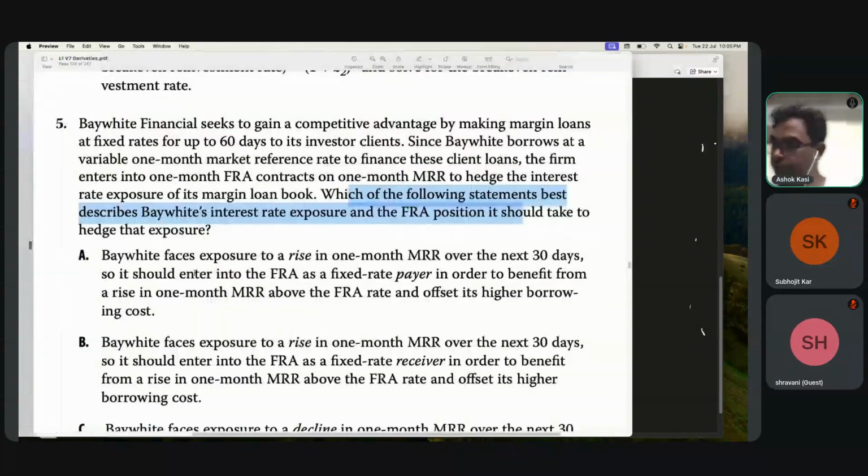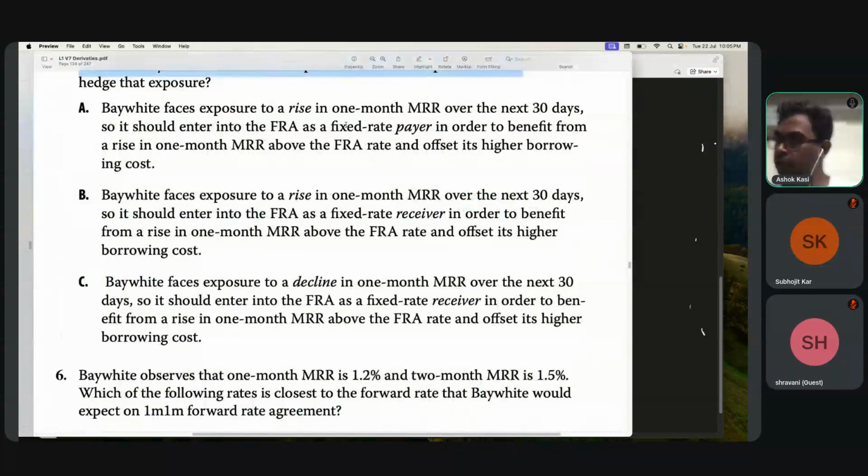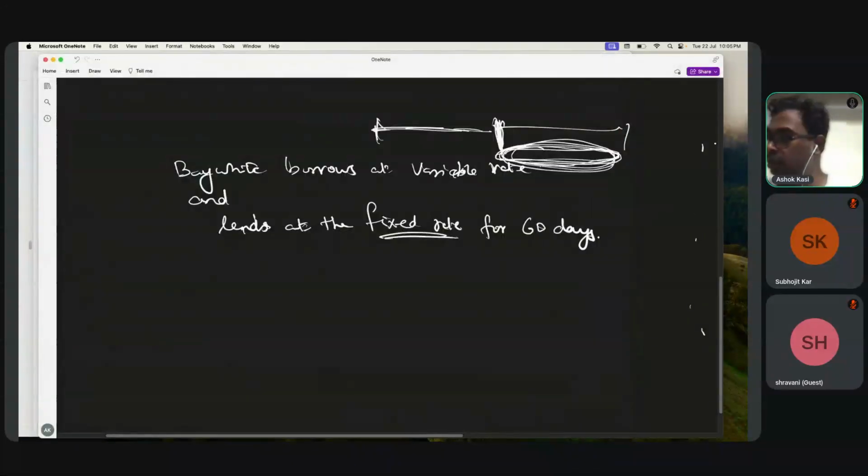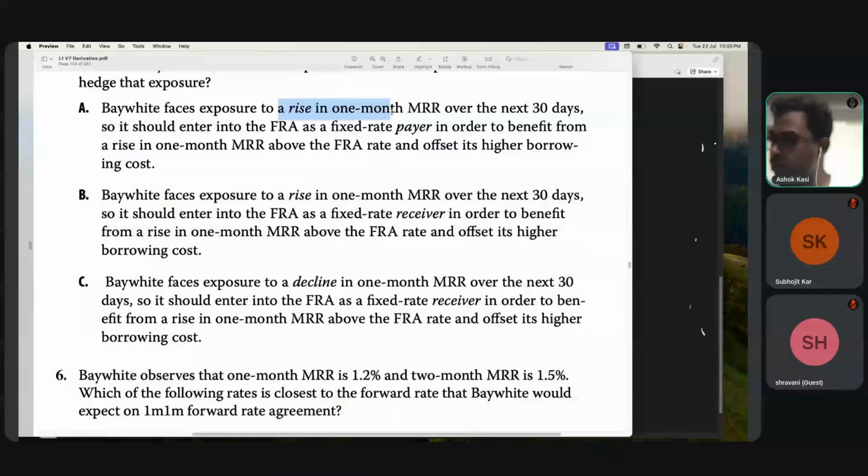Okay, now let's see. Baywhite faces exposure to a rise in 1 month MRR. Correct? That risk is there, right? If the interest rate goes up, you will borrow at the higher rate, but you have to give at the fixed rate. So the risk is higher. So this is also possible.